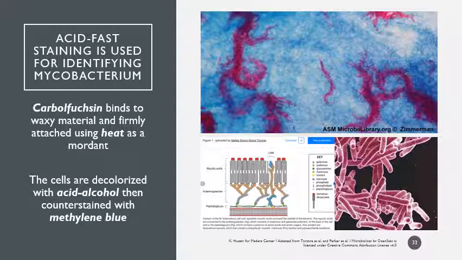We counterstain with methylene blue, and then we're able to see pink where there's mycobacteria and blue where there are non-mycobacterial cells. Acid-fast staining is a stain that you'll hopefully be able to observe, and you're going to learn the technique and general information for, but you won't actually do it.